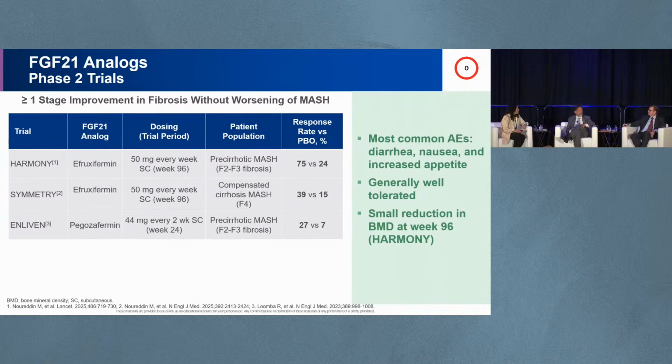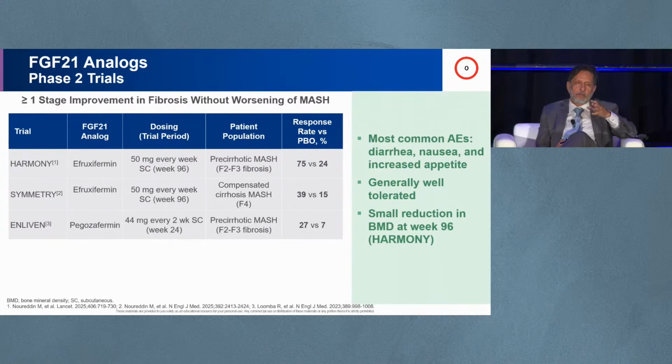Yeah. I think a couple of things that are really remarkable to me when I look at these data. One, that in the pre-cirrhotic patients, by the time you get to week 96, 3 out of 4 patients actually had regression of their fibrosis. I think that's pretty incredible.